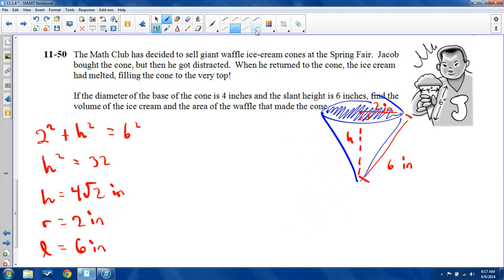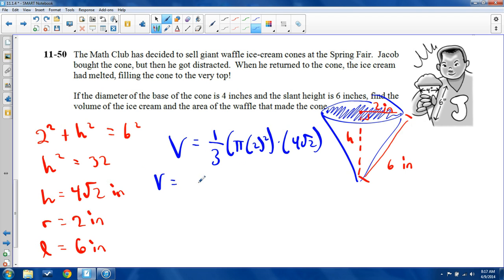Okay, so our volume is 1/3 area of base, pi r squared, times height, which is 4 root 2. Okay, I can't do 1/3 of all this very well. So 4 pi times 4 root 2 is 16 pi root 2. This is all divided by 3.